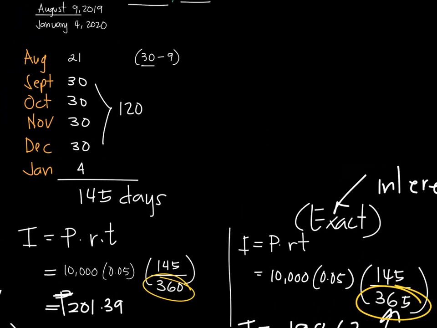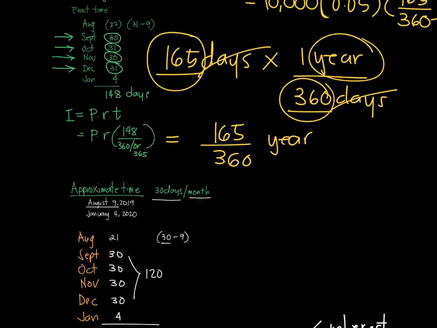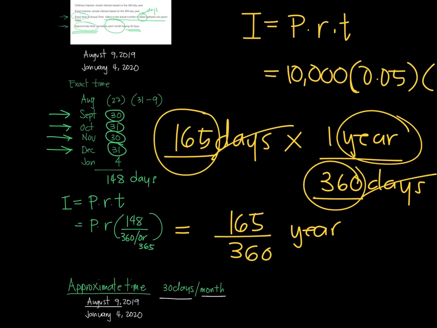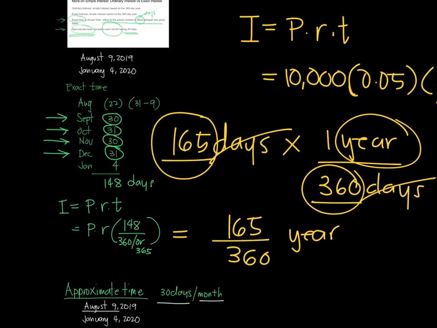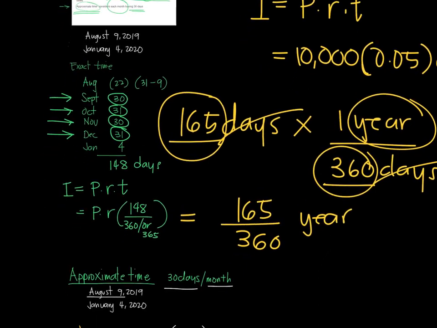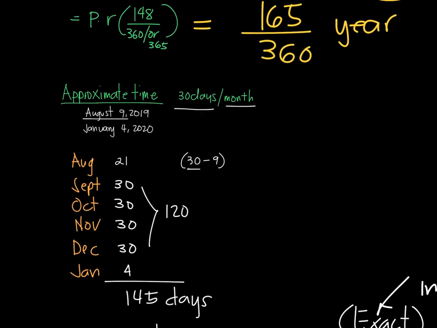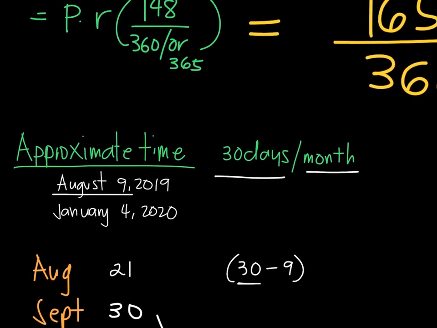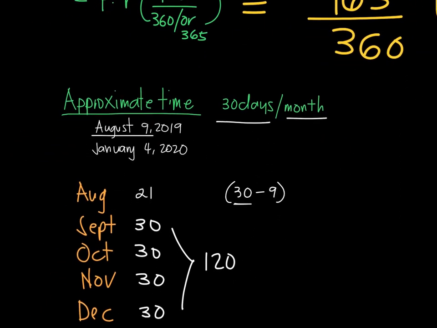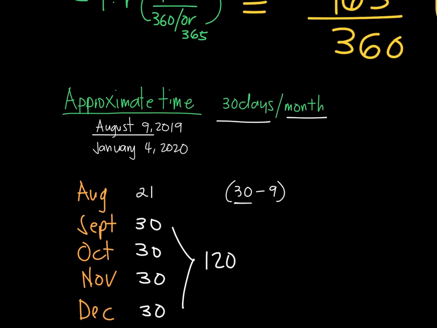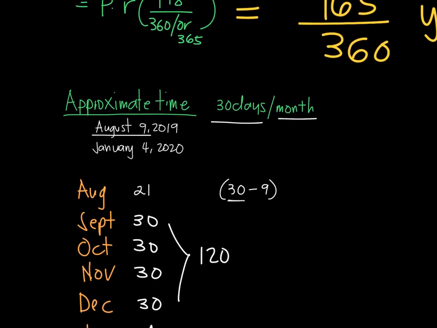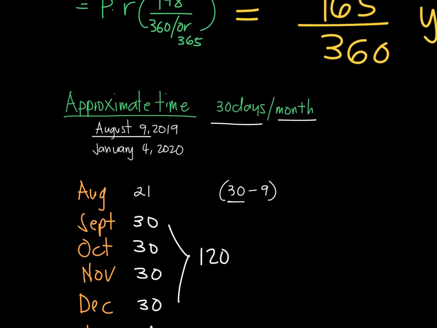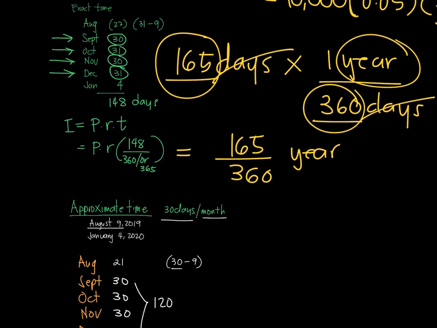So that's how we compute for the actual time and the approximate time. Actual time, you have to count all the days exactly. That is why it's called exact time. Approximate time, the key is every month we have to use 30 days. Regardless of whether it is a month with 31 days, you have to change it into 30 days. Even February will have 30 days in this approximate time concept.